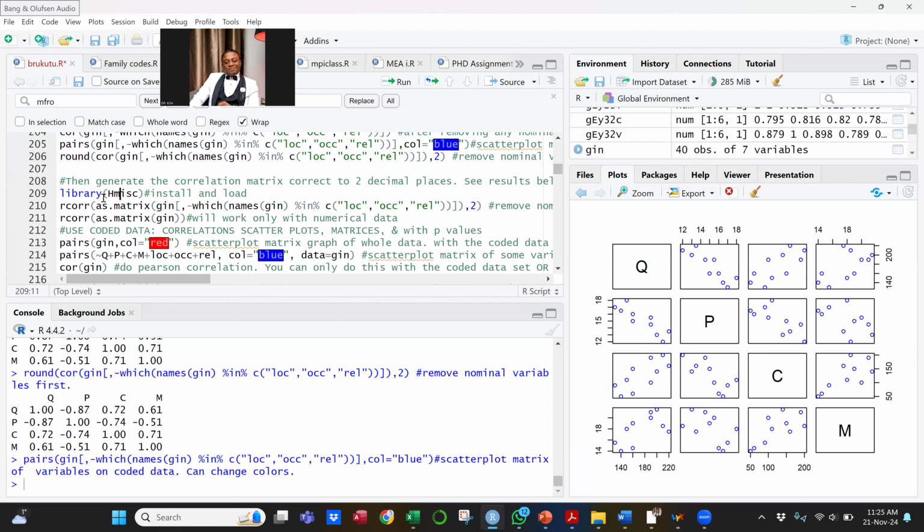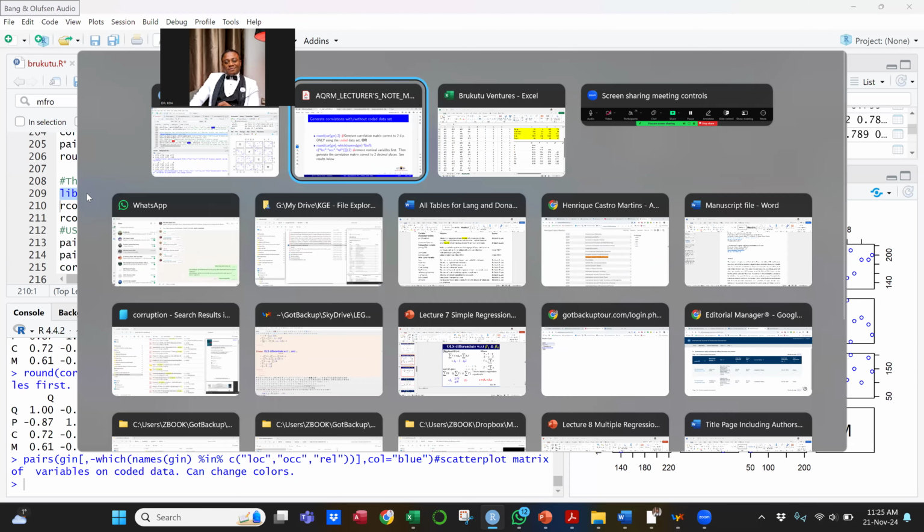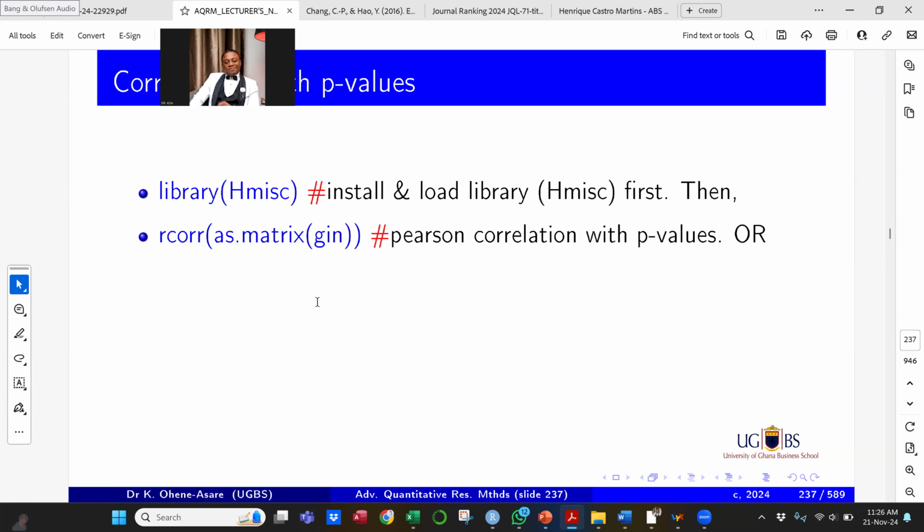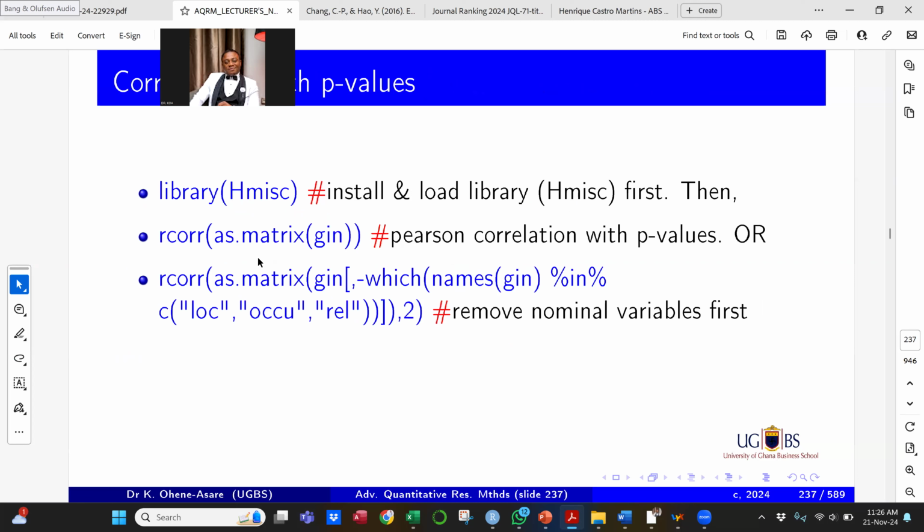To do that, you need to install this package and invoke this package called library Hmisc, which we have done already. Library Hmisc. So when you go here in your slides, you have it in your slides here, library Hmisc.